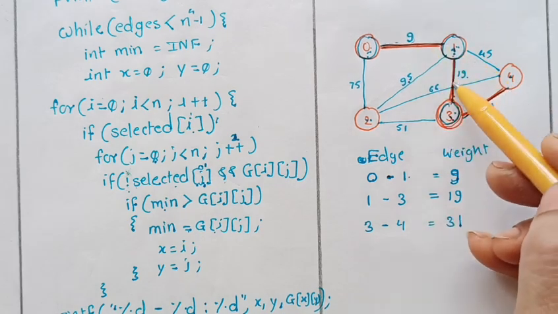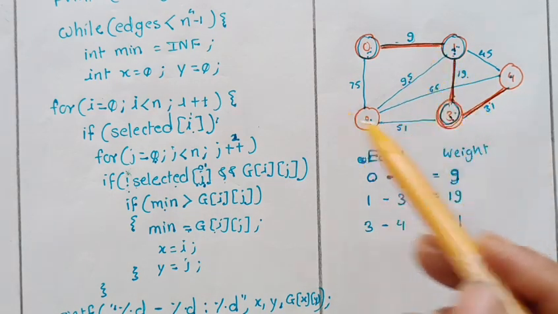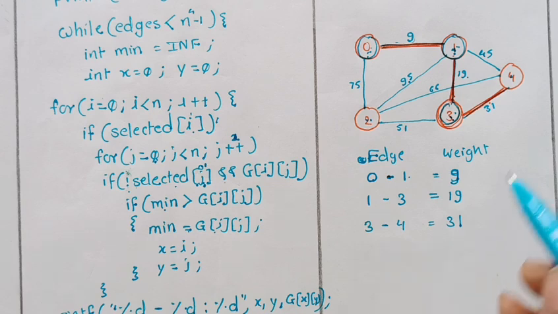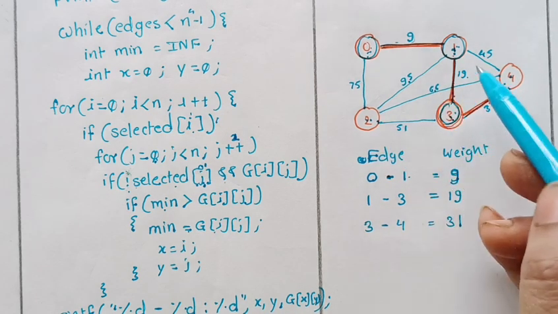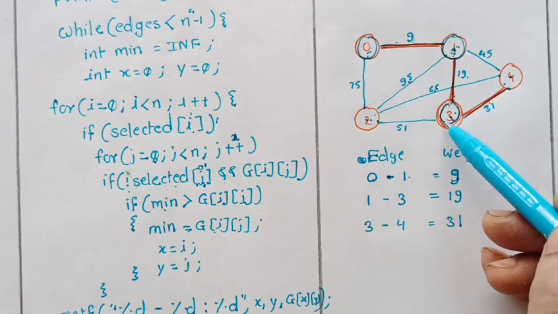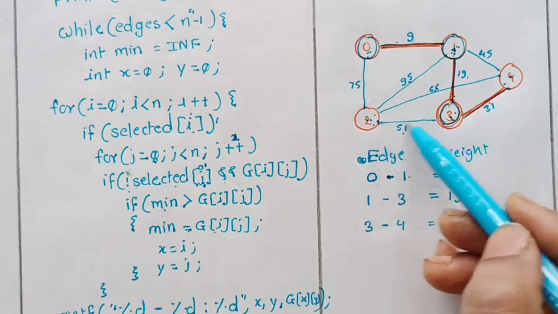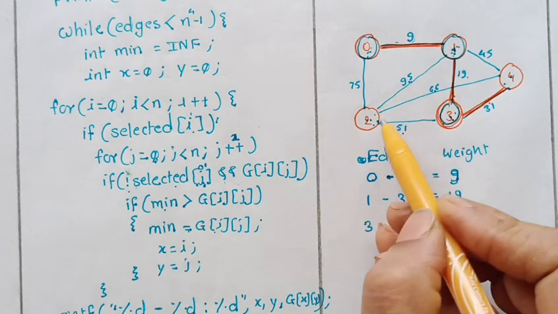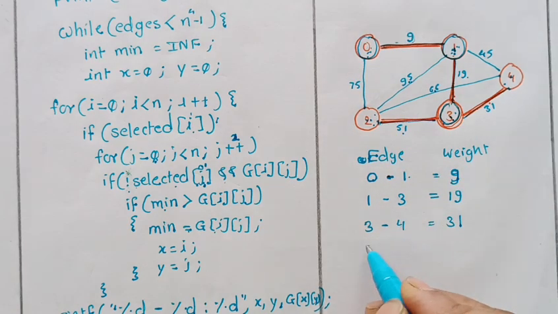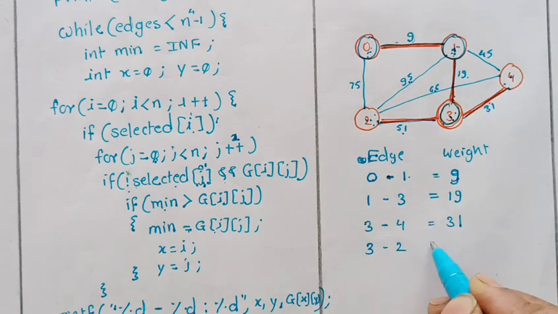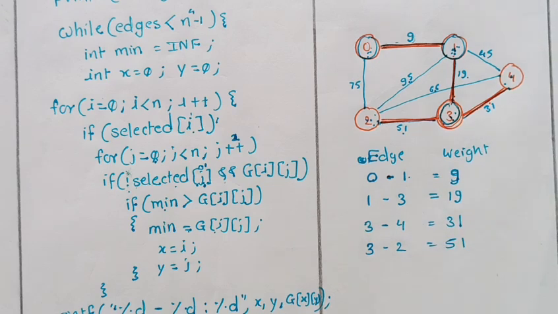How many are there? 1, 2, 3. So 0, 1, 2 is ours. 4 to 2 is 66, 1 to 2 is 95, and 3 to 2 is 51. This one is the minimum cost edge, so you have to choose it. So 3 to 2 you will get 51 here. These are the minimum cost values.